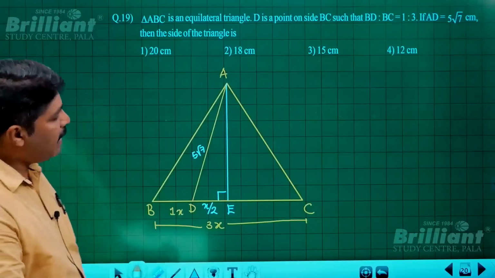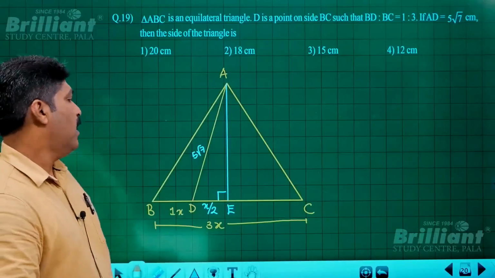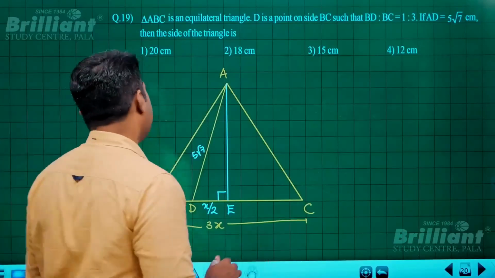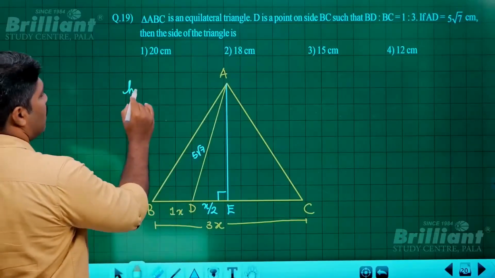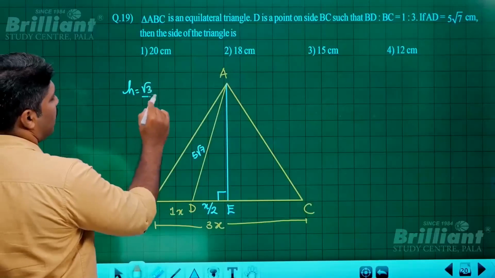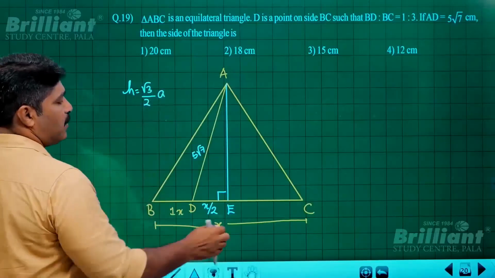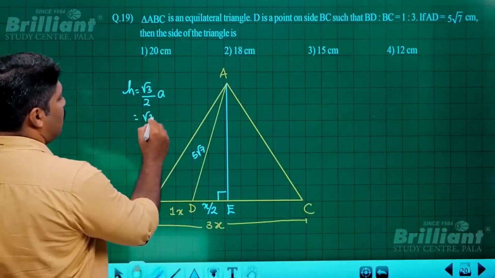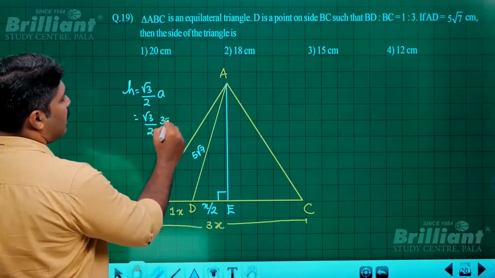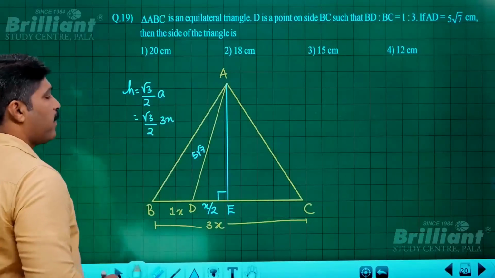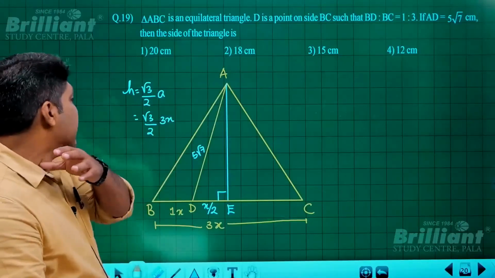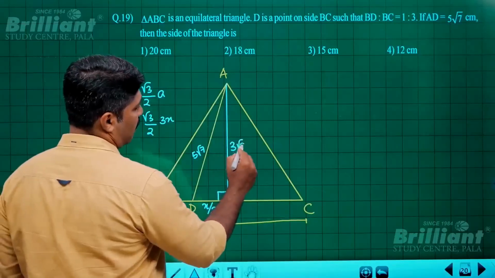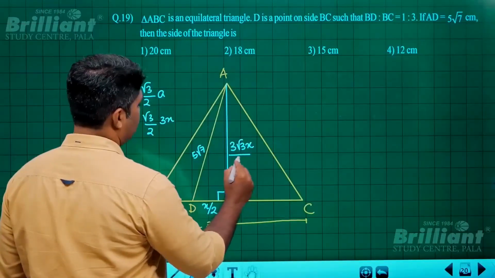And what is the height of an equilateral triangle? The height of an equilateral triangle is equal to root 3 by 2 a. Here the side is equal to 3x. Therefore, this is root 3 by 2 into 3x, which is 3 root 3x by 2.